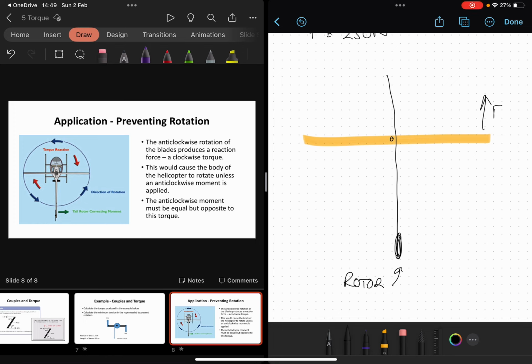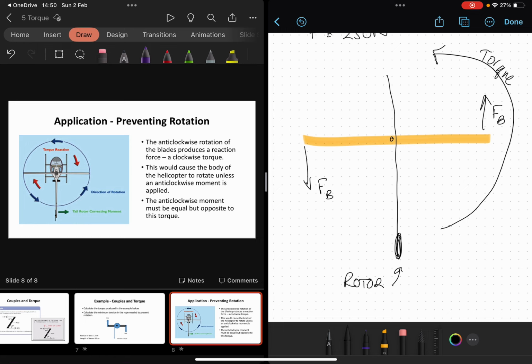It means that the blades are providing a couple. Equal in magnitude, opposite in direction, perpendicular to the distance between them. So in other words, we are going to get a torque in the anti-clockwise direction as those blades spin around.